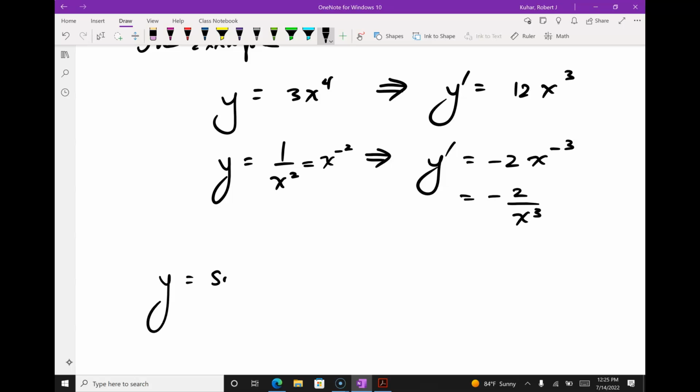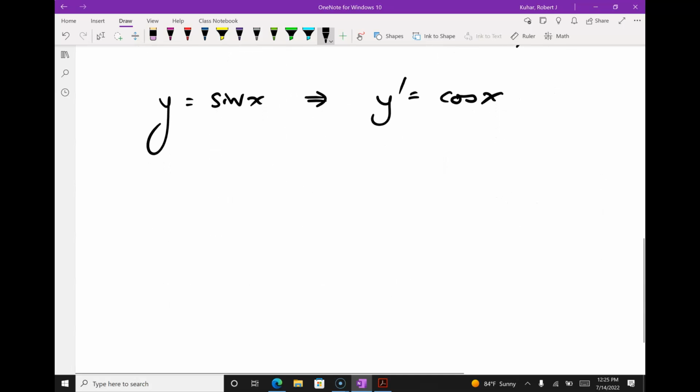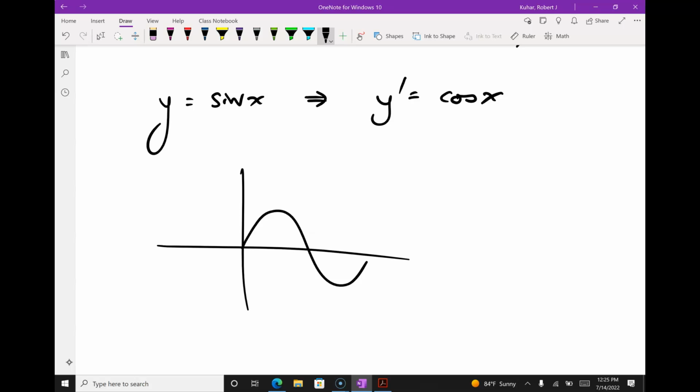Y equals sine of x implies y prime is cos of x. So, for example, let's get the tangent line at, let's say, 5 pi over 6. I want the equation of the tangent line.